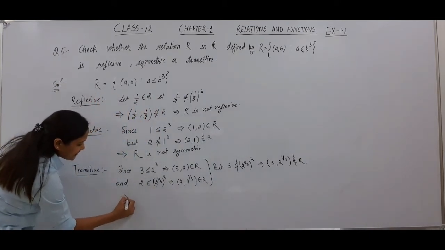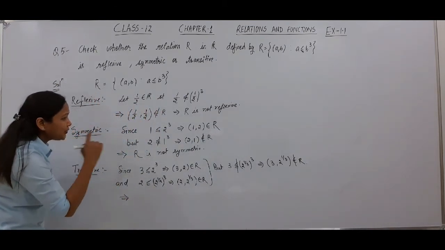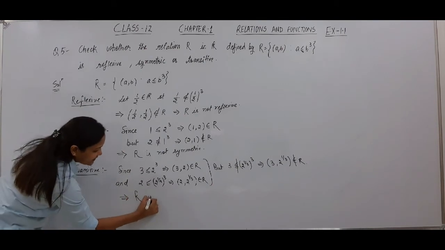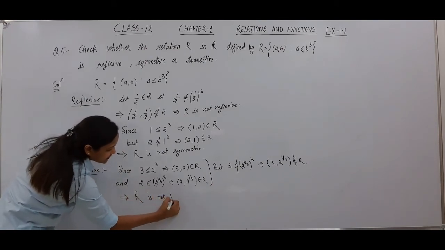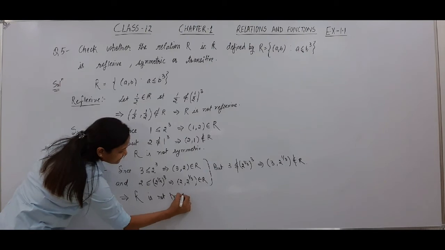This will be an example to show that your relation R is not transitive.